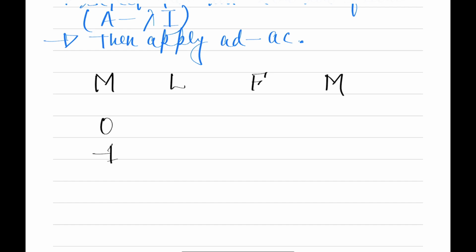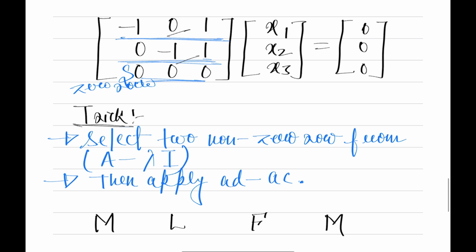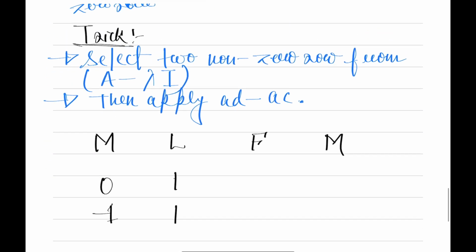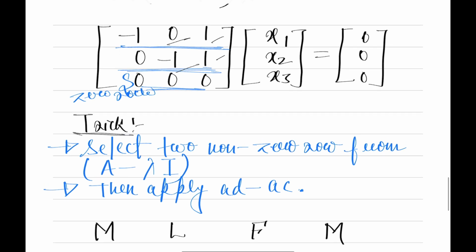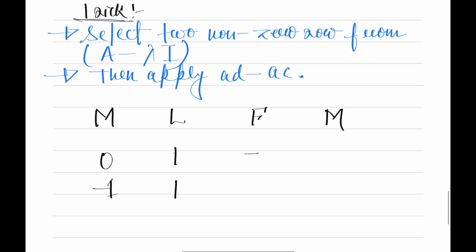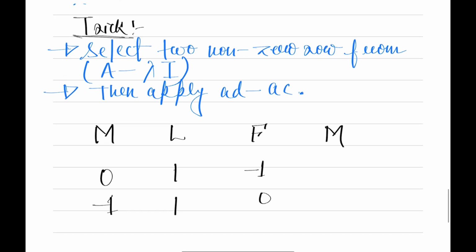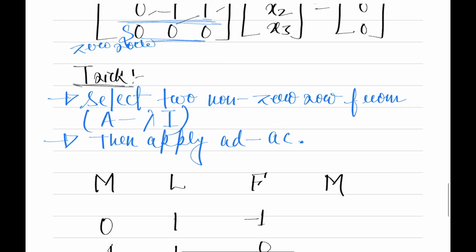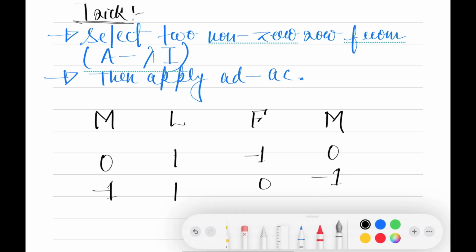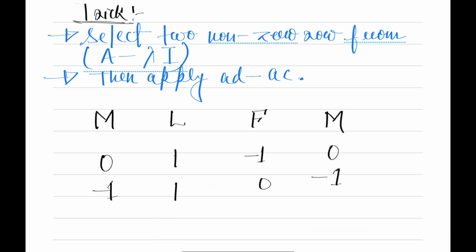Last is 1 1, and first is minus 1 0, and middle is 0 minus 1. Now we apply AD minus BC.